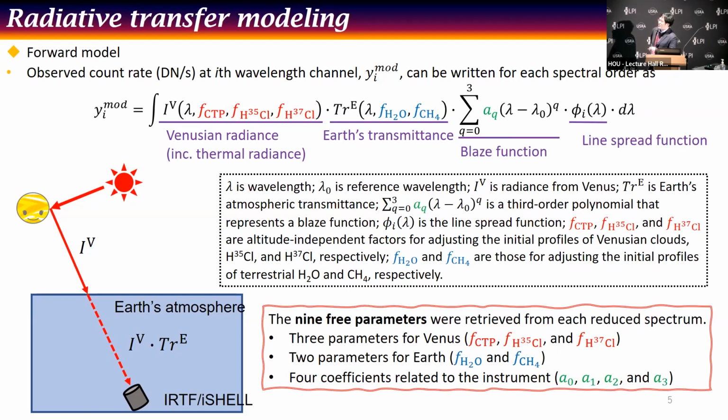Instead, we introduced altitude-independent factors, which we call F factors, used to adjust the initial profile to reproduce the observed spectrum. We retrieved 9 free parameters for each reduced spectrum: 3 parameters for Venus, 3 F factors for cloud top altitude and the 2 major HCl isotopologues, and 2 parameters for Earth, and 4 coefficients that represent the blaze function of the instrument.